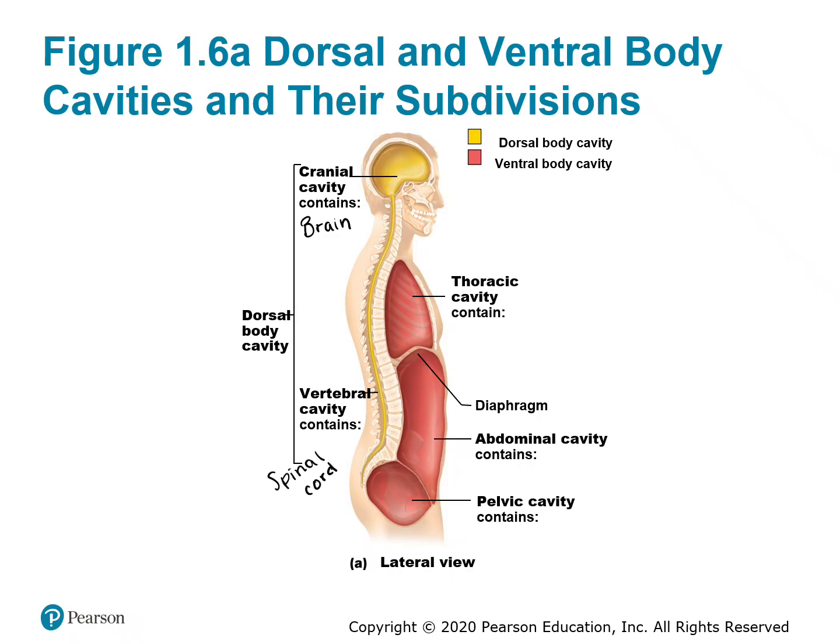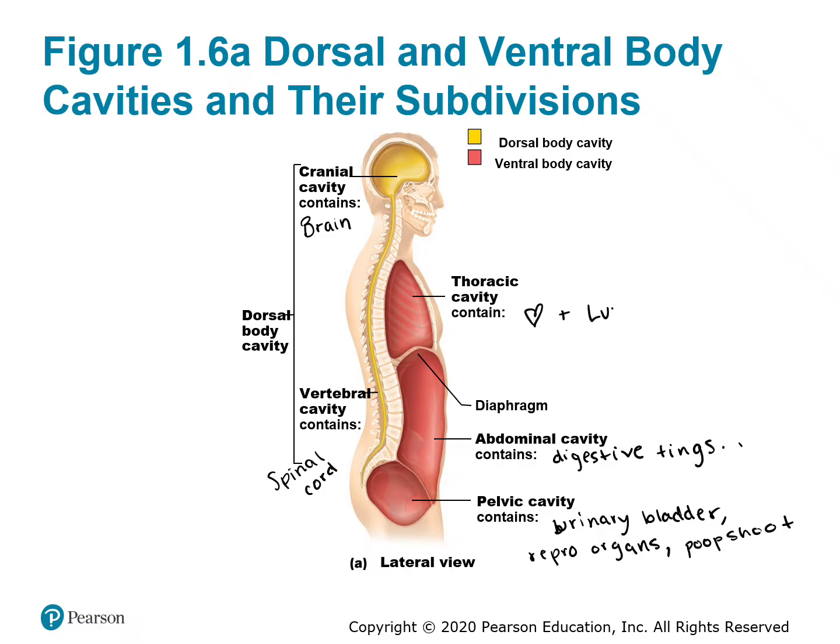The pelvic cavity contains the bladder, urinary bladder to be specific, because you have more than one bladder in your body, reproductive organs, and this probably isn't professional, but poop chute. And the abdomen contains digestive things. And thoracic has your heart and lungs. Okay.